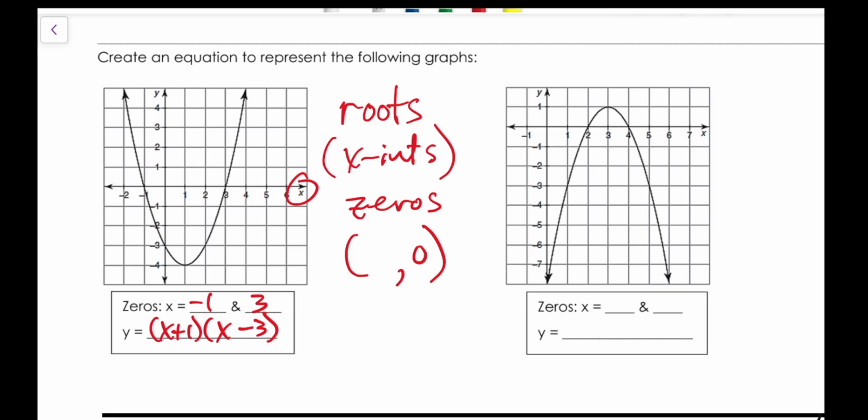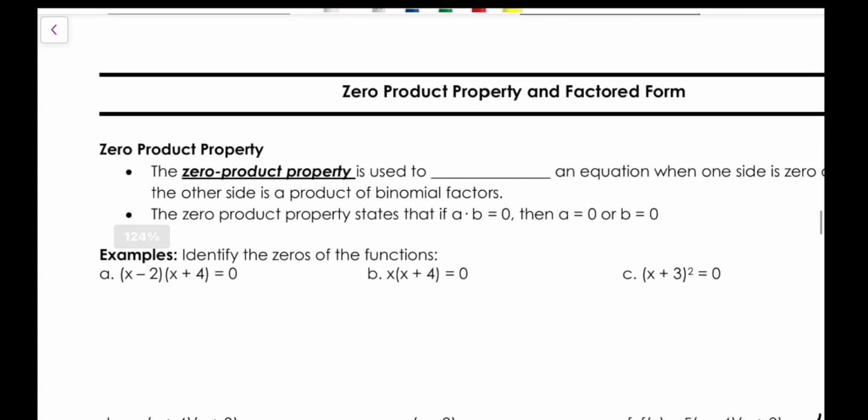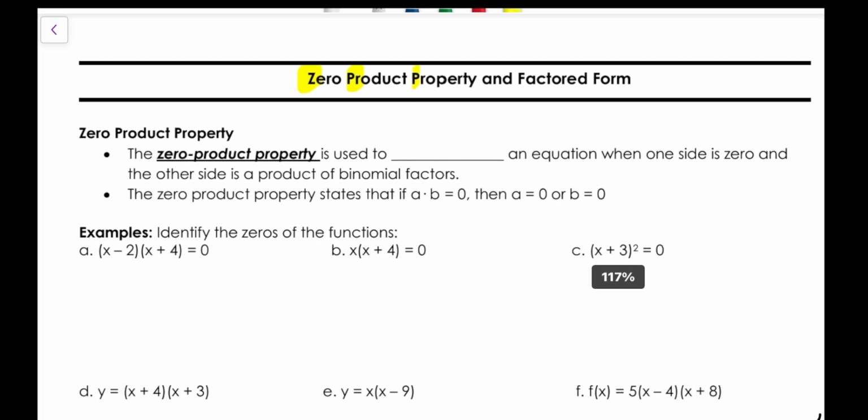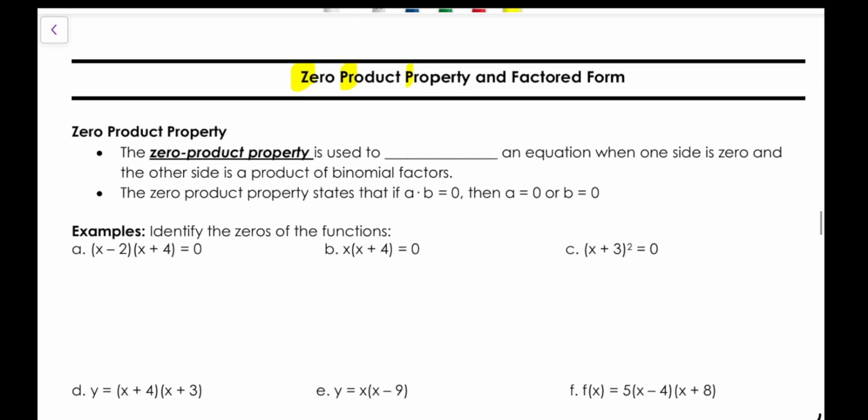And over here on the right, the zeros are 2 and 4, and the factors are the opposites. This leads us to the zero product property, ZPP. It basically says when you have two things multiplied together so that you get 0, then one or the other is equal to 0.